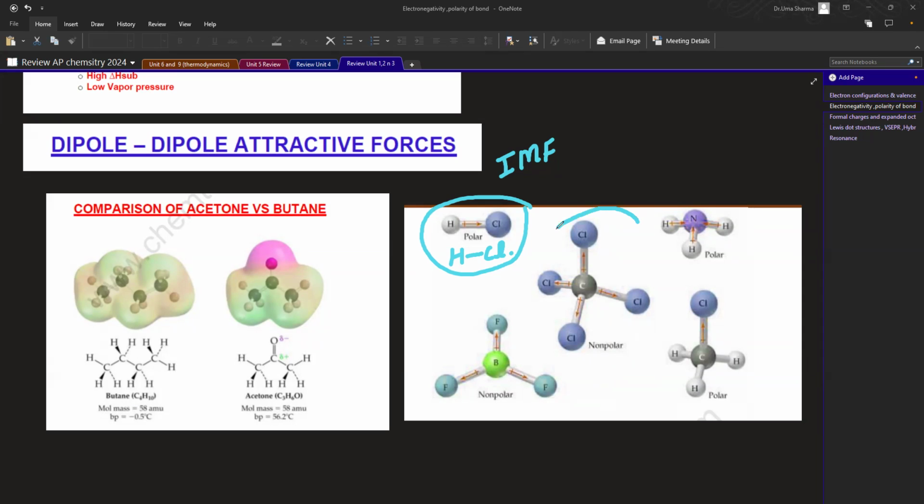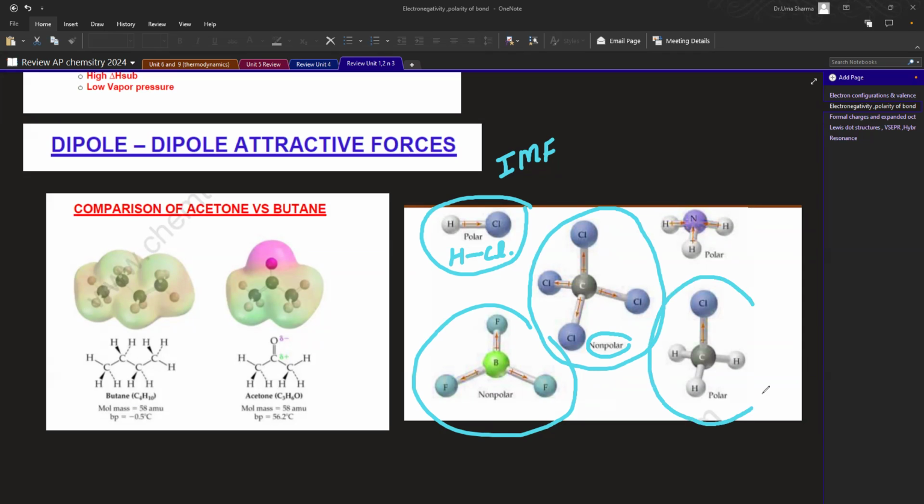What kind of attractive force? They are saying it's non-polar because it's symmetrical tetrahedral. Only LDFs. What kind of attractive force? It's a symmetrical trigonal planar. Only LDFs. Very good. What kind of attractive force?